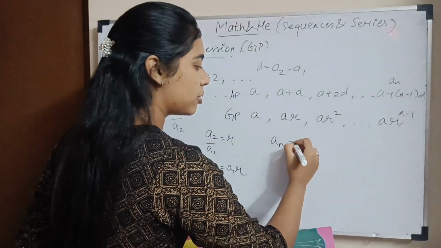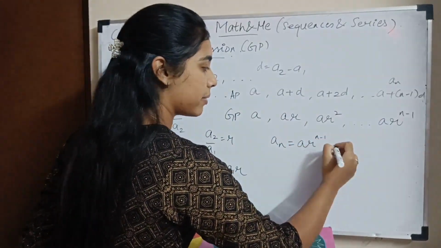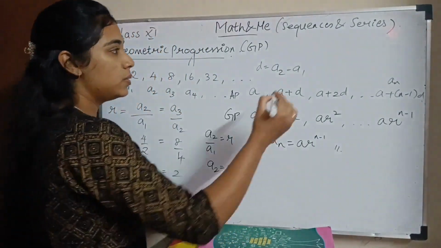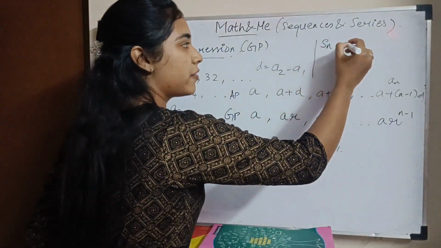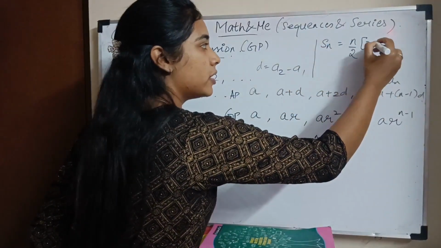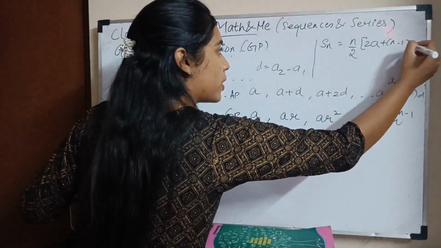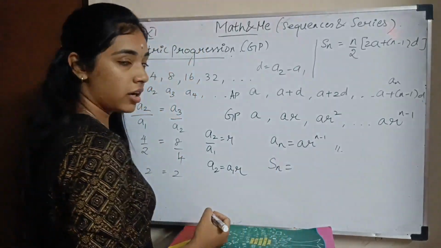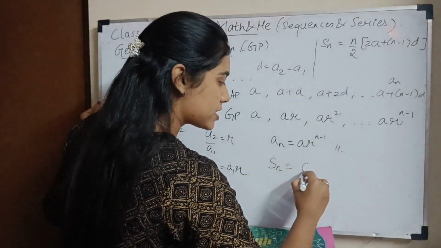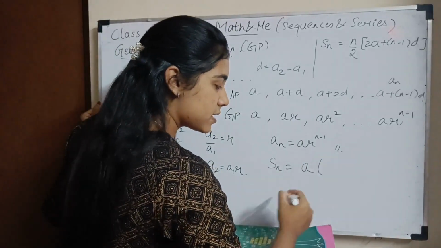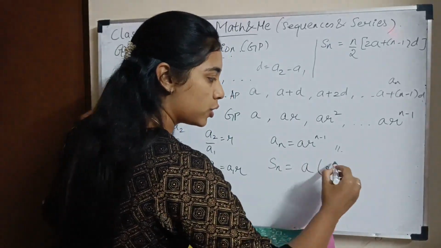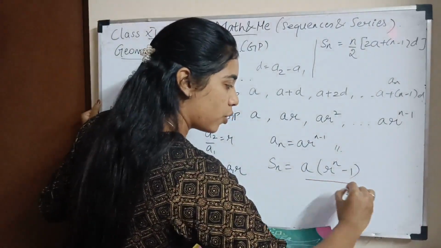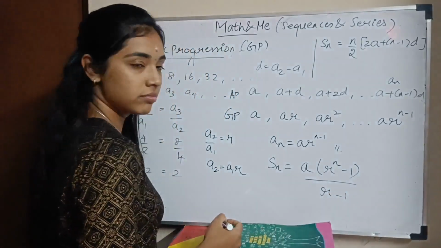So what is your nth term of a GP? AR to the n minus 1. Now, similar to what we learnt in AP, where the sum of n terms is n by 2 of 2a plus n minus 1 into d, what do you have in a GP? The sum of n terms is the first term times the common ratio to the power of the number of terms, R to the n minus 1, the whole divided by the common ratio minus 1.